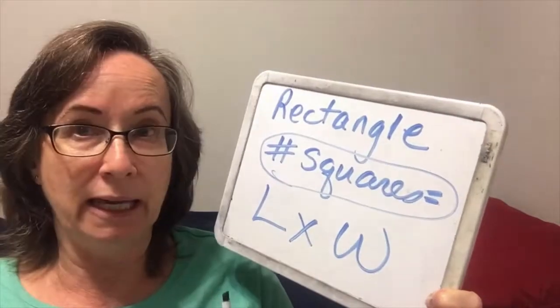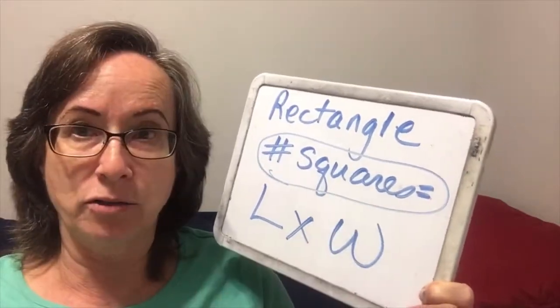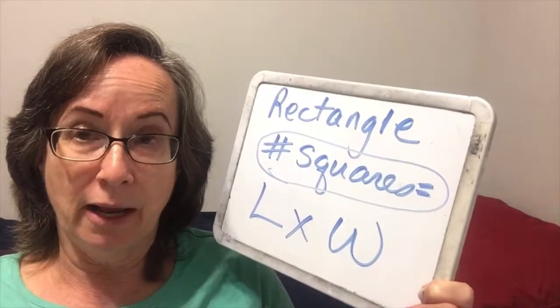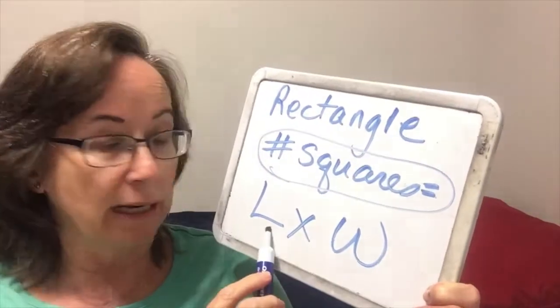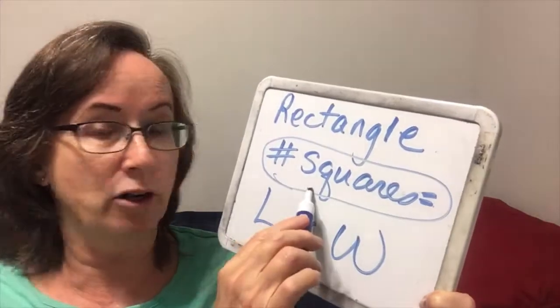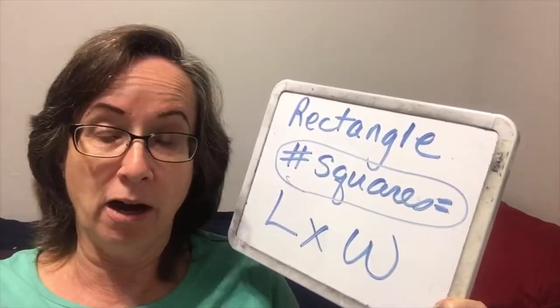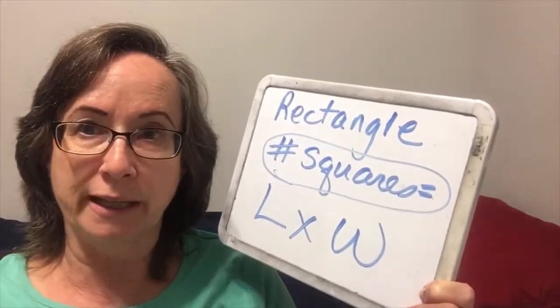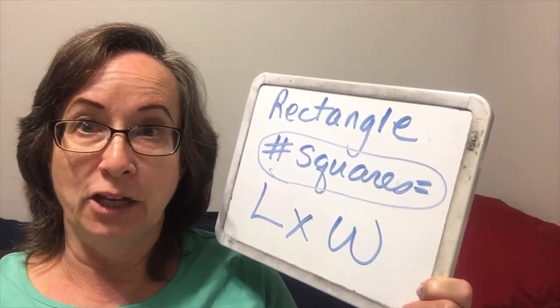If we want our squares to be an inch by an inch, then we need to use length and width that are inches. If we want our squares to be yard by yard, then we should have our length and width in yards. So here we have a little conversion problem.